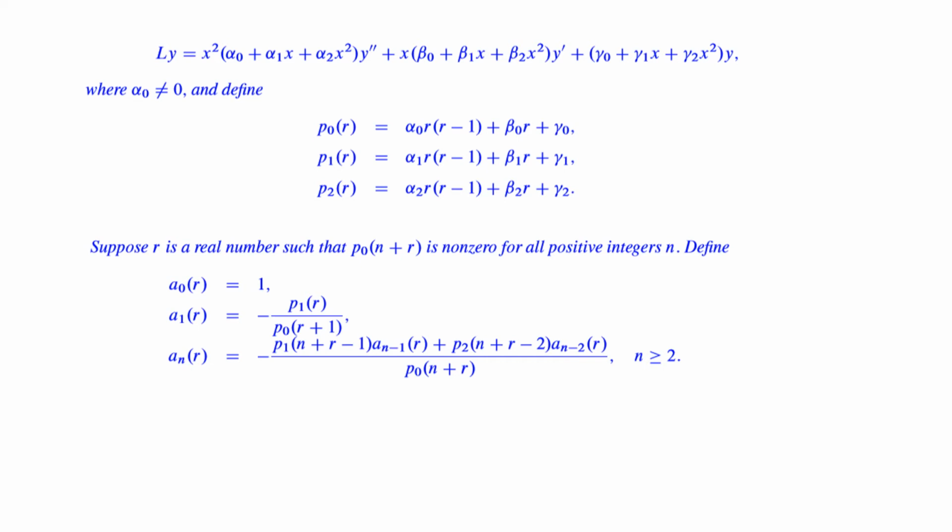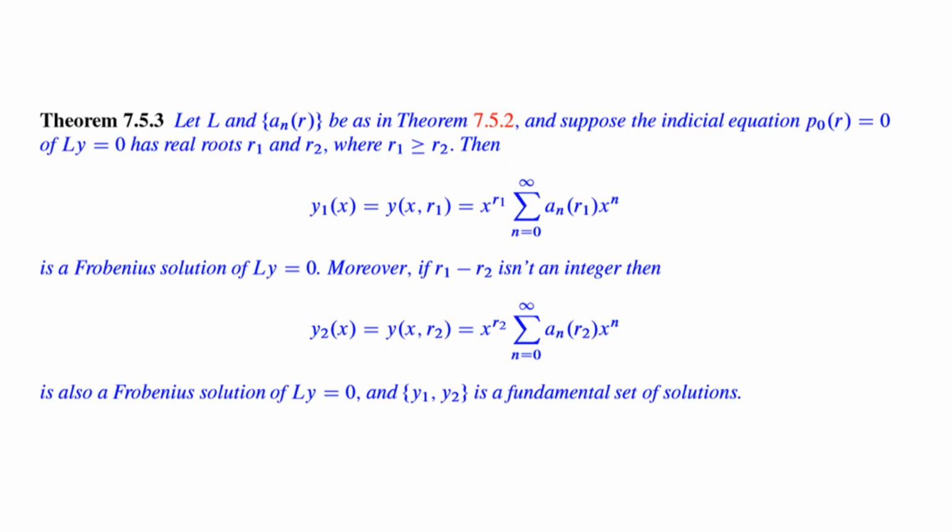So we have those. And we now have a theorem, and this is representative of the kinds of theorems you'll find about the method of Frobenius. So let L and those coefficients be as we talked about, and also the p's are as we talked about. And suppose the indicial equation, which is P0 of r set equal to 0, has real roots, R1 and R2.